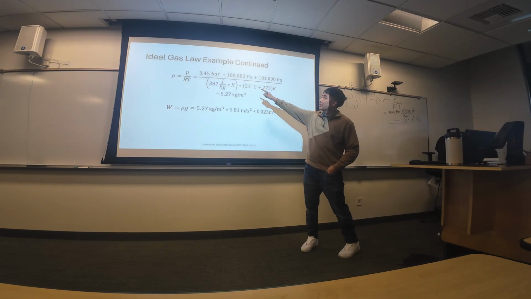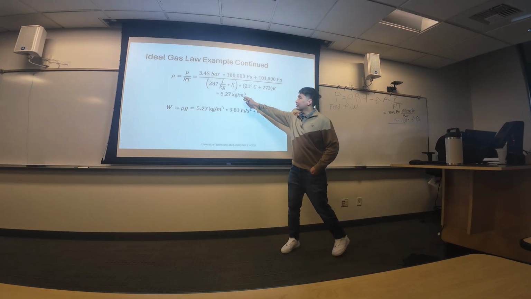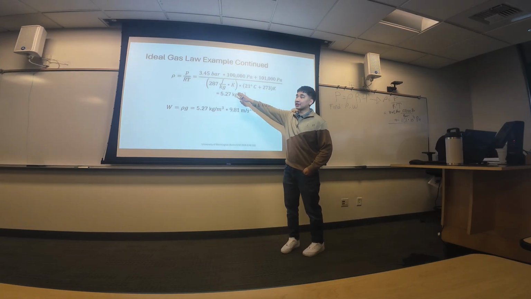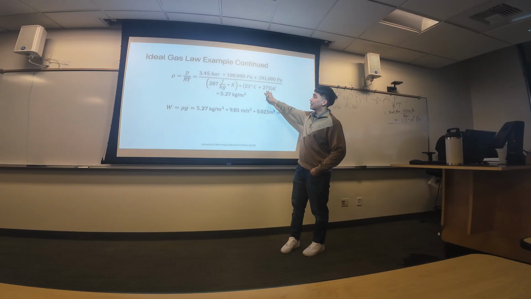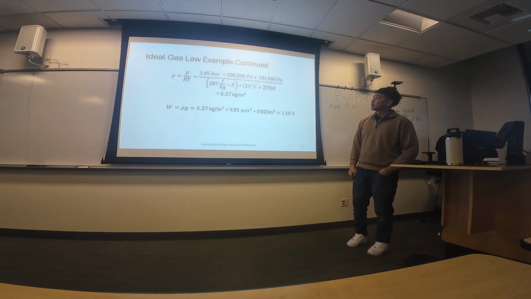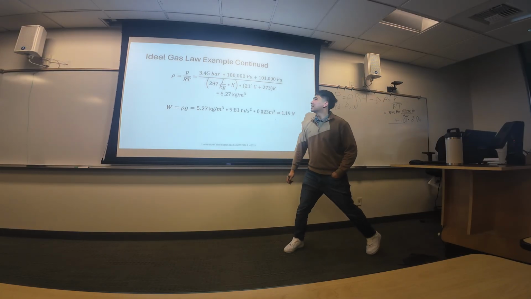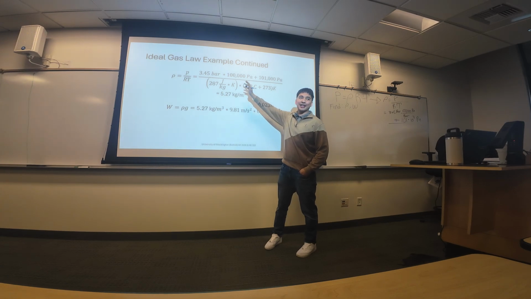So you have your bar, your pascals, your atmospheric pressure, your R constant, and your temperature converted to absolute temperature in Kelvin, plus 273. And the error in the textbook was they used 10 to the 6th... they did 15 to the 6th power to convert bar to pascals, where it should just be 10 to the 5th.